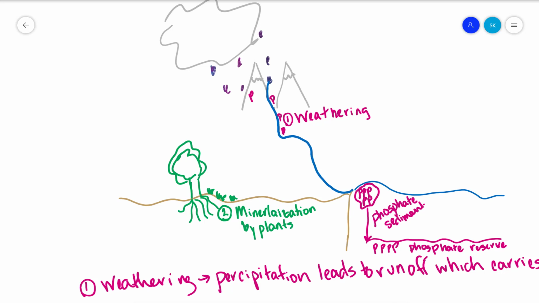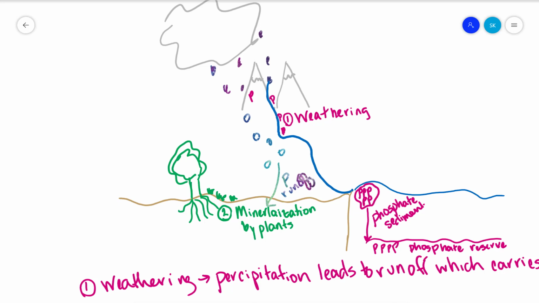And basically, this just means that plants are going to absorb the phosphorus that came in the runoff. Because remember from our water cycle, that runoff goes everywhere. So this runoff, yes, it went into the ocean, but runoff is also going to run into the soil. Okay, so this is another part of that runoff goes into the soil. So phosphate runoff. So this is just a continuation of the water cycle.